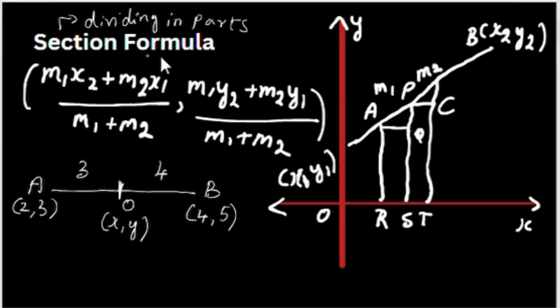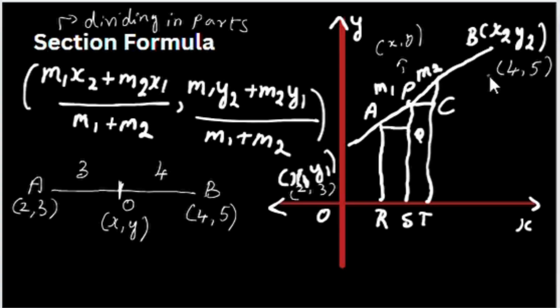For that we use this section formula. For example, this is the line and it got split at point P. P has x, y, which we don't know, but we know x1, y1 is (2, 3) and x2, y2 is (4, 5).